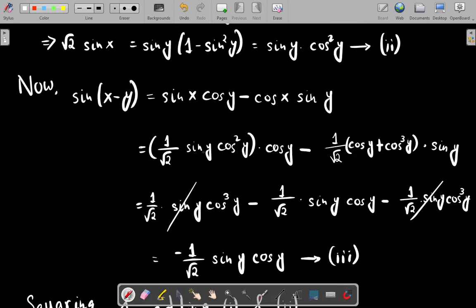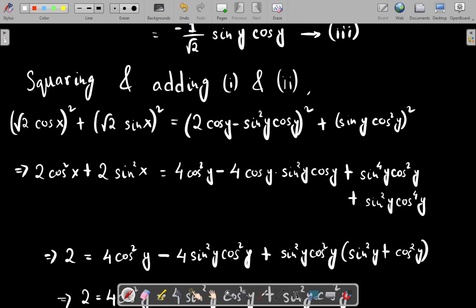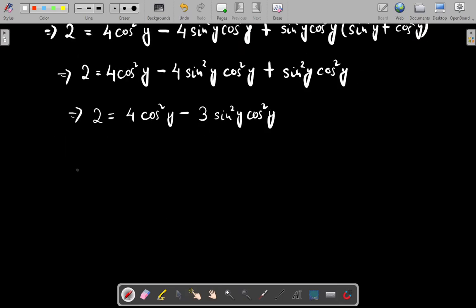Okay, in equation 1, this now becomes 4 cos square y minus 3 times 1 minus cos square y times cos square y.